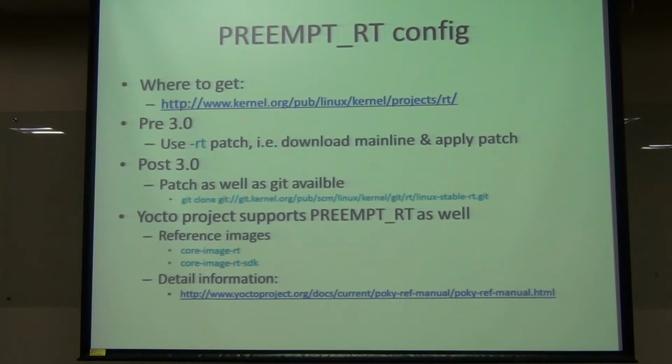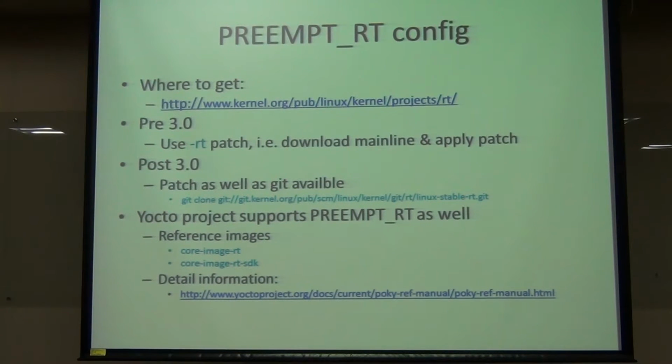But post-3.0, it's Git based, so you just clone the Git repository, check out the RT branch, and then configure and make the kernel from there right away. And I don't know how many of you have used the Yocto Project, but Yocto is also supporting the RT patch.